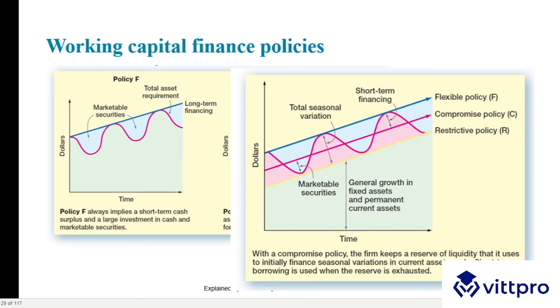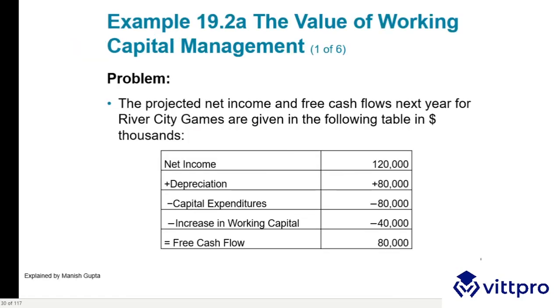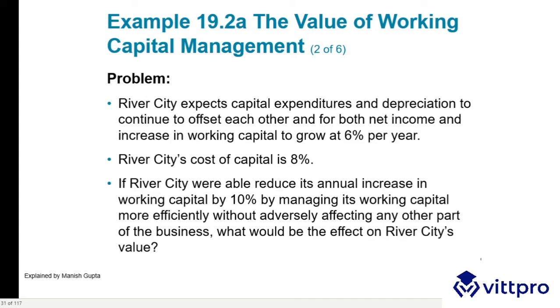But you need to understand what your working capital requirements are. So here is an example. In this case, there is a net income, a depreciation, and an increase in working capital. Total free cash flow is 80,000. They say their working capital grows by 6%, and their cost of capital is 8%. If they try to manage their working capital by 10%, how much would be the impact on the value of the company?